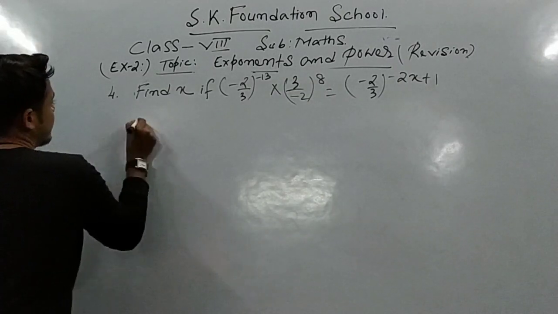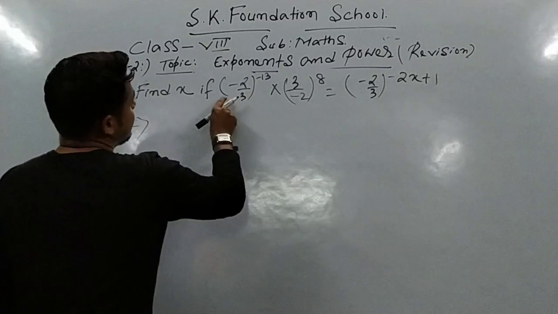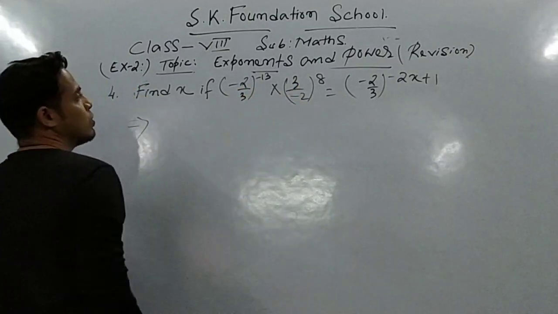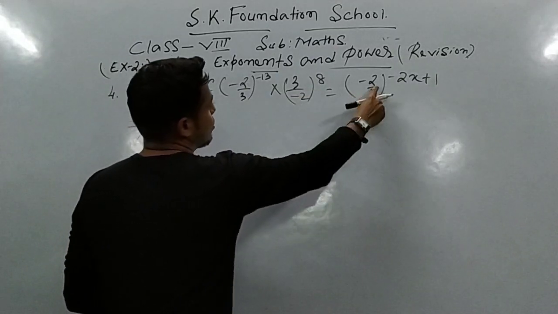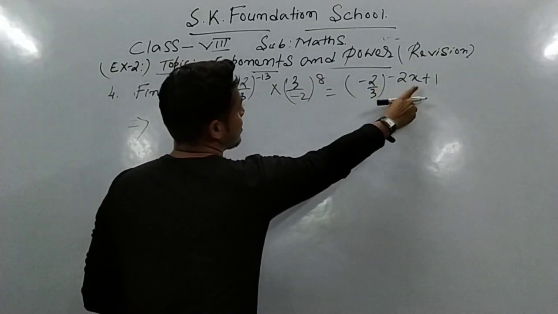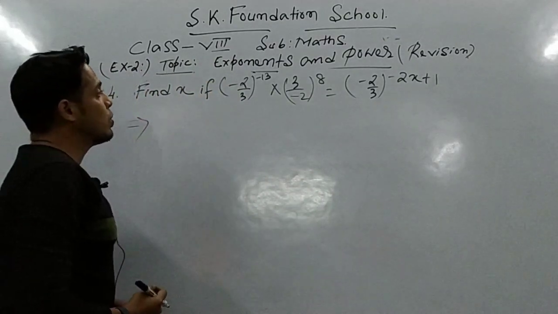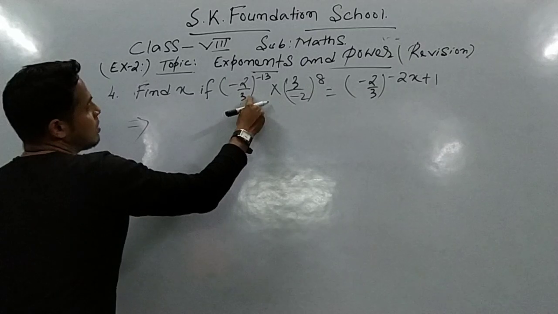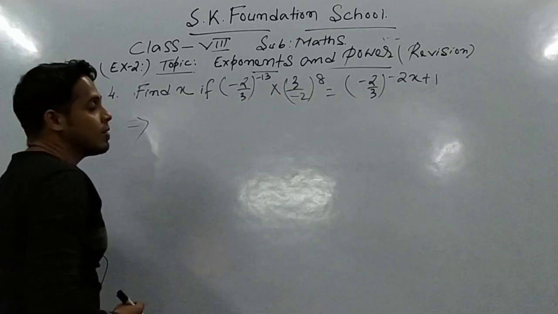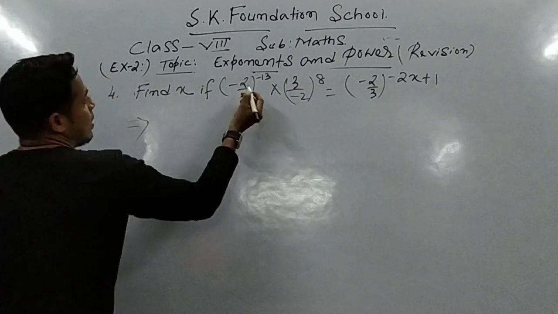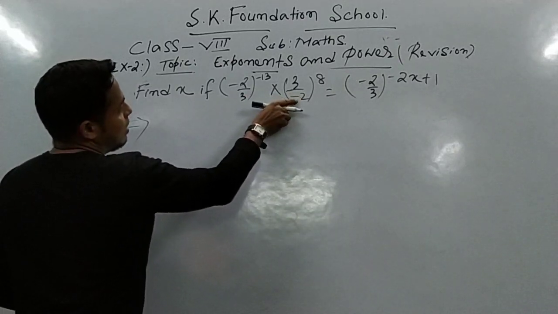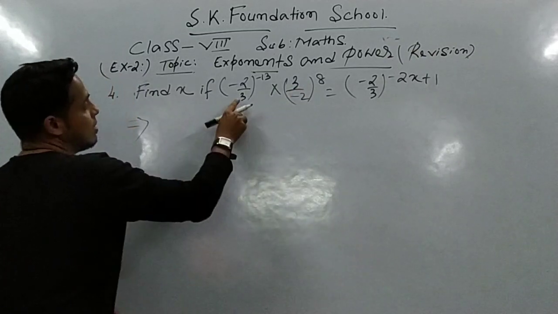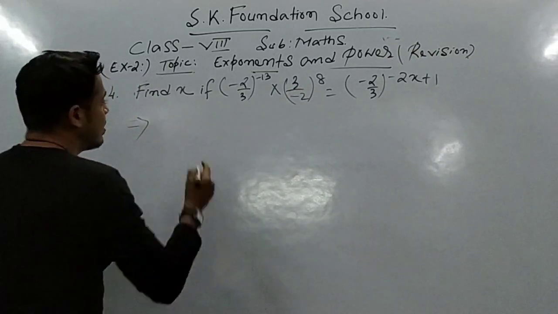Okay, so look at here, the first term minus 2 by 3 to the power minus 13, this one 3 by minus 2 to the power 8 equals to minus 2 by 3 to the power minus 2x plus 1. Okay, so look at here, the first two terms, this one minus 2 by 3, this one 3 by minus 2, right? So if we change this one in this form, suppose minus 2 in numerator and 3 in denominator, then these two terms they are same in this way.